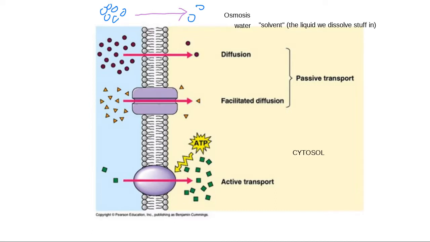That's the fluid inside the cell. If I have less water inside the cell than I have outside the cell, water is going to want to come in. That, by the way, is what happens in water intoxication. When there's a lot of water outside, not as much inside, it's going to do osmosis and go into the cell.